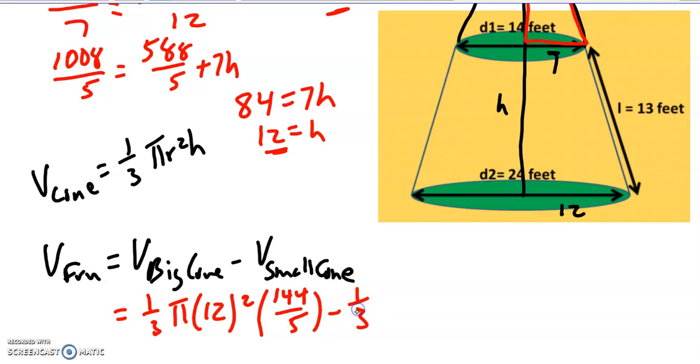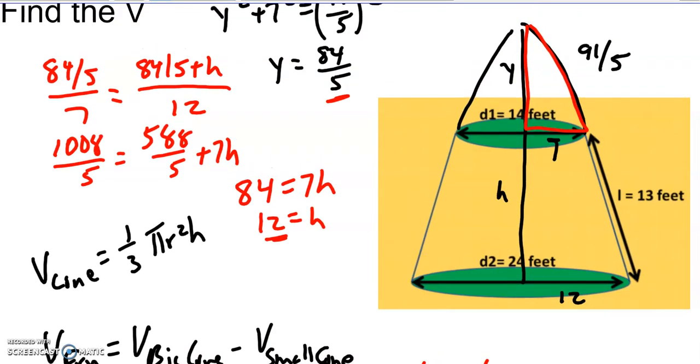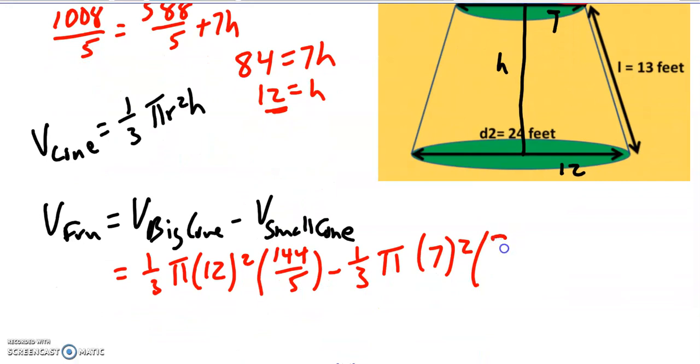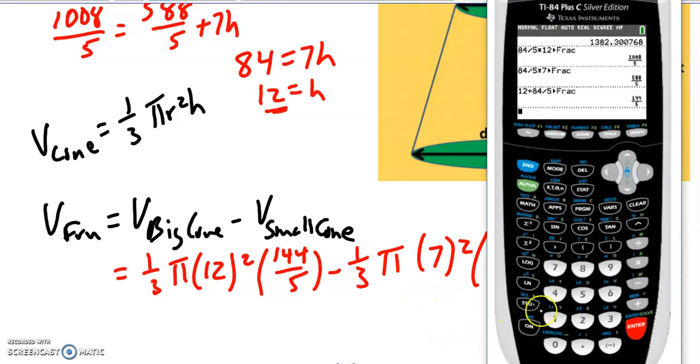Minus cone of the smaller one, 1/3 pi. Radius here is 7 squared. And then again, we found that height there to be 84 over 5. I'm going to do the exact same process with my calculator as I did before. I'm going to do 1/3 times 12 squared, or you can write 144 times 144 divided by 5.